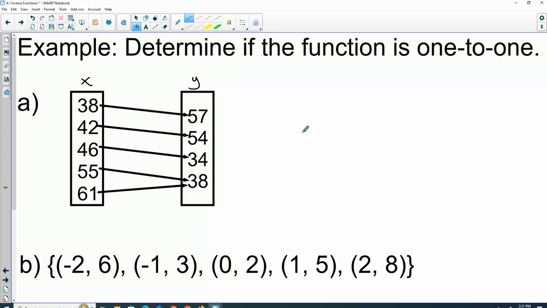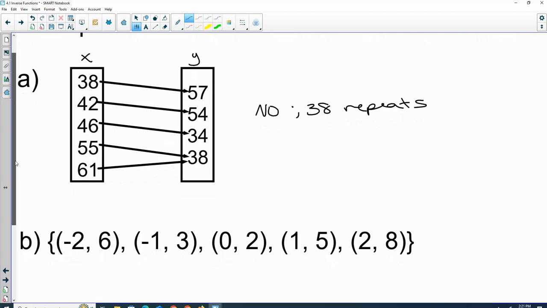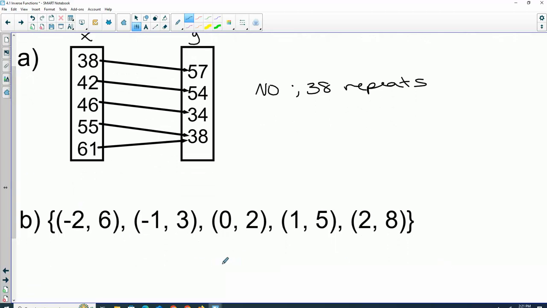Is this one-to-one? No. Why? Okay. Is b one-to-one? Yes. None of the y values repeat. A lot of times the shorthand I put is I just say 1-1 to stand for one-to-one.